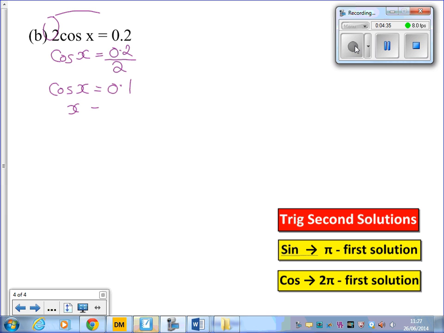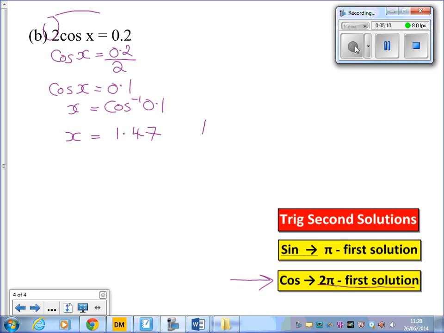So now I use my calculator, because cos to the minus 1 of 0.1. Putting this value into the calculator, I get a value of 1.47. At this point, as soon as I do cos to the minus 1, that's when I need to find my second solution. So using my little cheat sheet down here, I know that cos for my second solution is 2 pi take away the first solution.